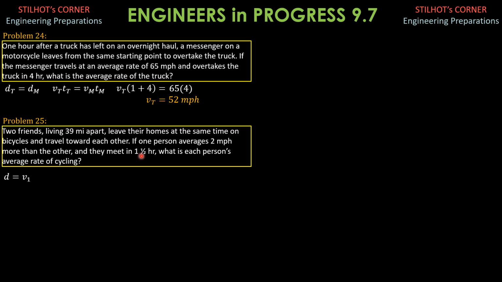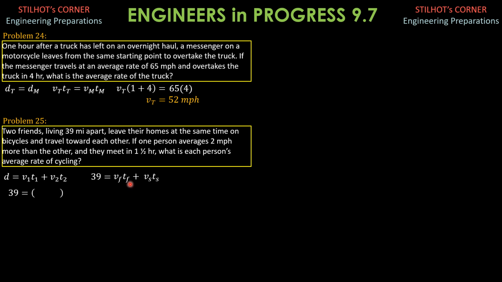So distance equals V1 T1 plus V2 T2. The total distance is 39. So 39 equals V of the faster friend times travel time of the faster friend, then V of the slower times travel time of the slower.